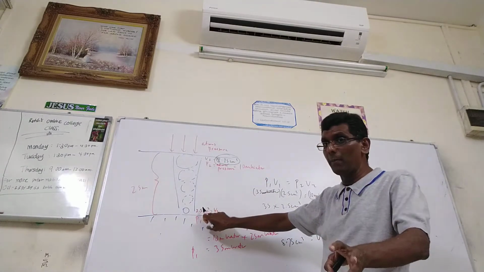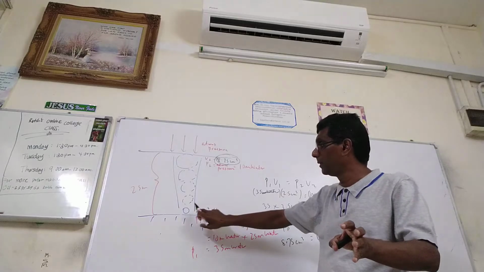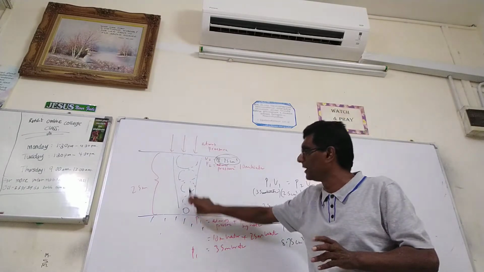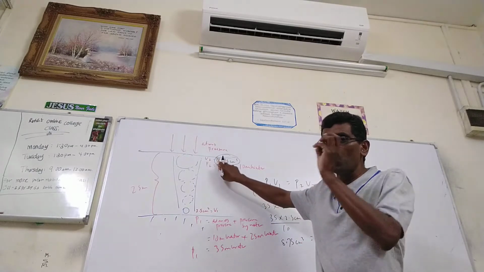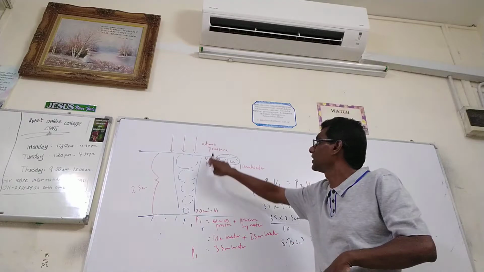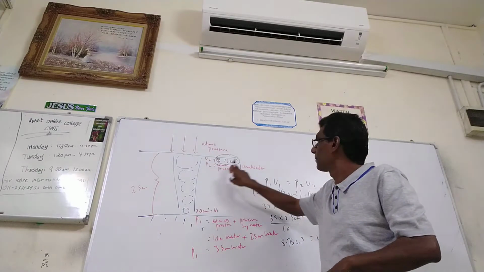The same air bubble at the bottom of the sea, when it comes to the surface, seems to have its volume increased. Why is the volume increased? Because the pressure has decreased. At the surface, there is only atmospheric pressure, 10 meter water.